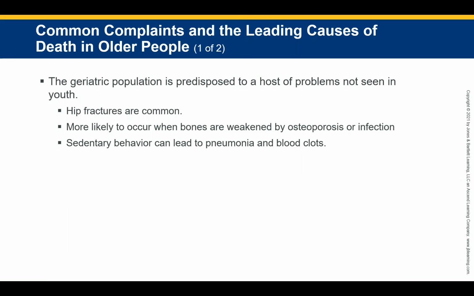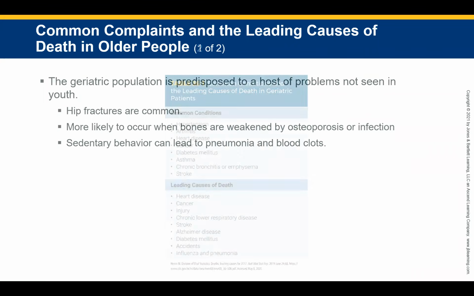Hip fractures are more likely to occur when bones are weakened by osteoporosis or some type of infection. Sedentary behavior while healing can predispose the patient to pneumonia and blood clots. Many older patients who experience hip fractures do not return to their pre-injury level of activity, because those muscles are already weak, and now that they've sat there, they become that much weaker.